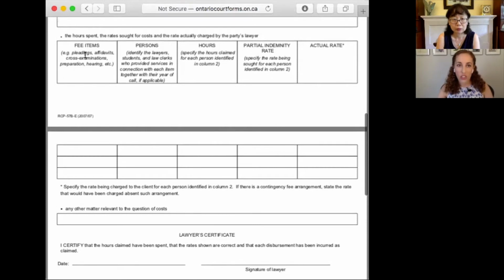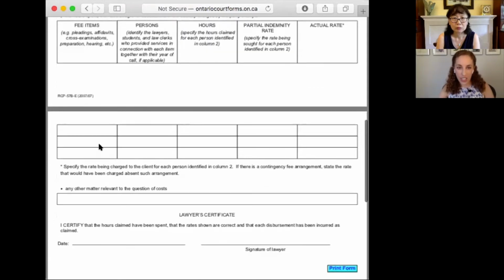So fee items. You can put in this section here, for example, drafting the affidavit, drafting the notice of motion, drafting the cost outline. You have some leeway in how you want to divide the work that was done.